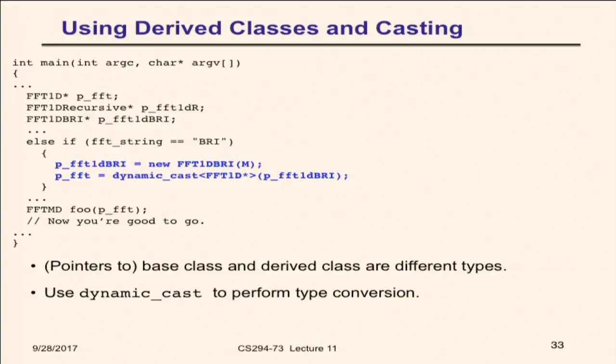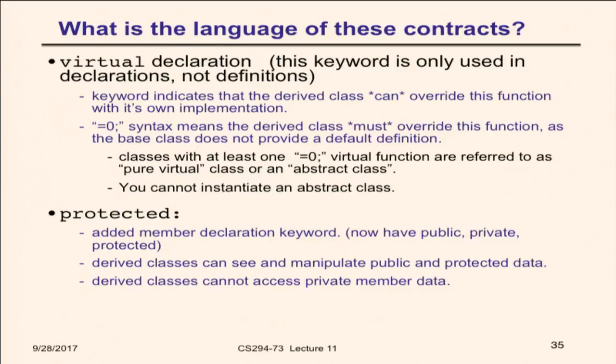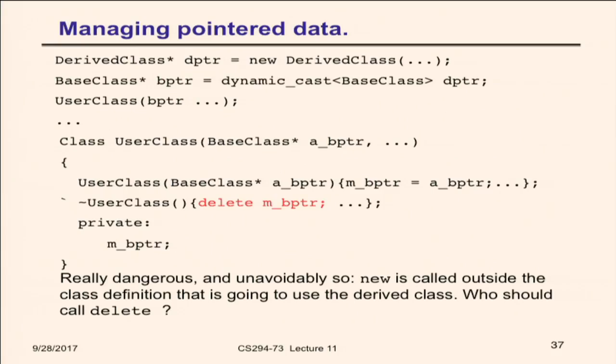So that's really asking for trouble. What I'll spend some time talking about next time is an STL tool, which is shared pointer, that makes that problem more or less go away.